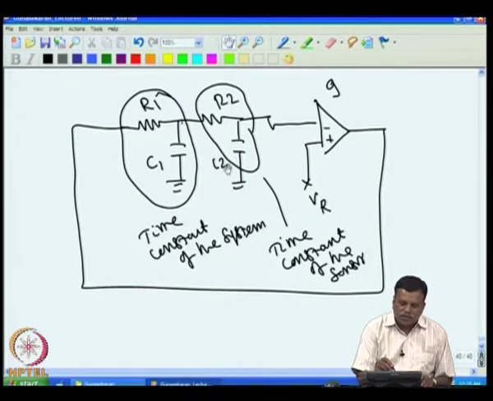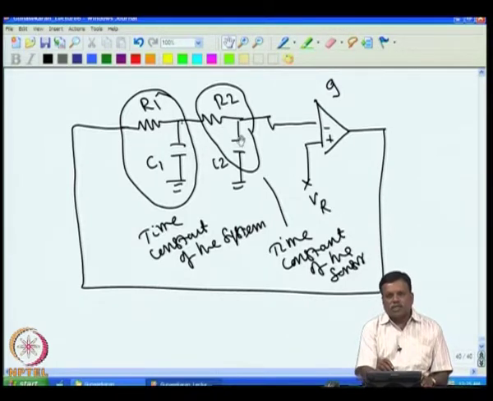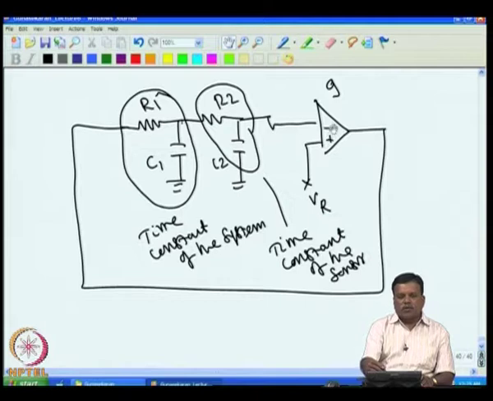If at some frequency this phase shift is 90 degrees and this phase shift is also 90 degrees, then the total phase shift introduced by these two will be 180 degrees, and this controller already has 180 degree phase shift. That means at some frequency it is possible to have a total phase shift of 360 degrees, because 90 plus 90 plus 180 gives a phase shift of 360 degrees.